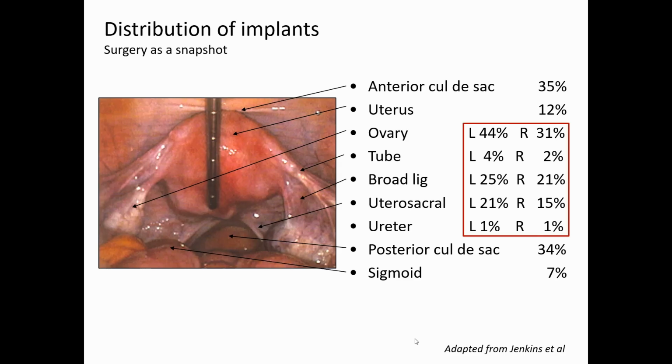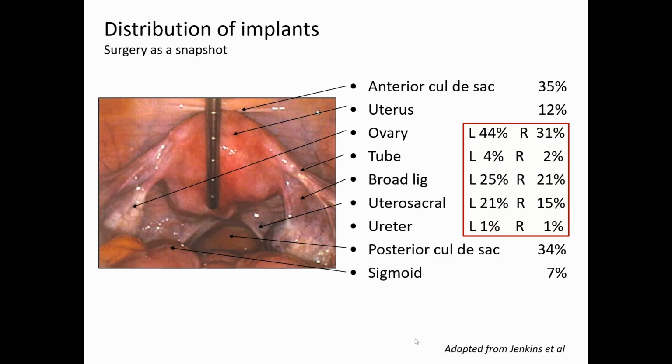Of note in the description of lesion location, the left seems to have more of a propensity for lesions to implant than the right. The thinking behind this is that the left hemicavity of the pelvis has the sigmoid reflection, which acts as almost a backstop to the abdominal pelvic gutters and immune clearance of the retrogradely menstruated tissue.